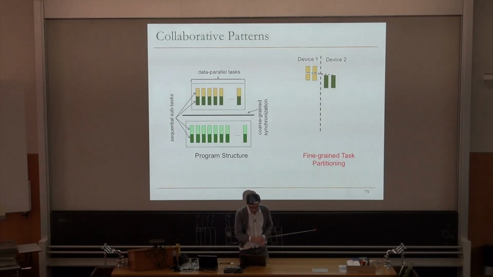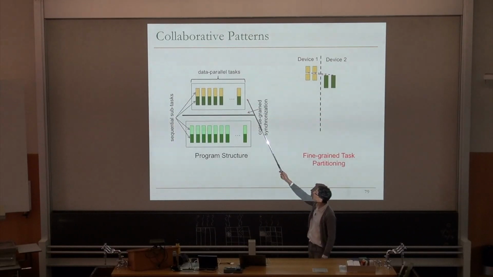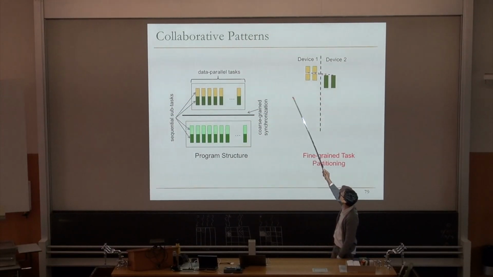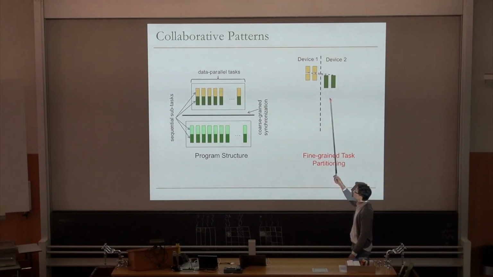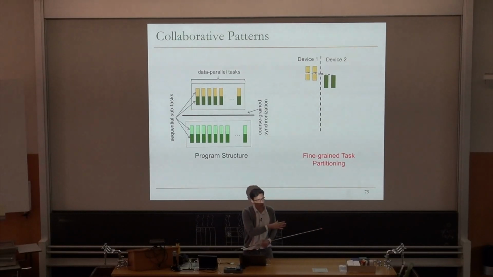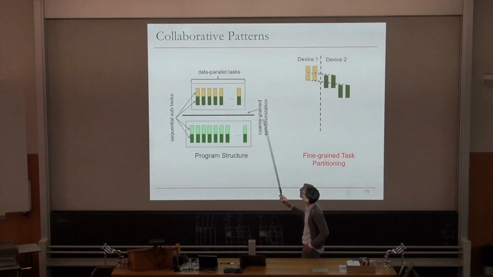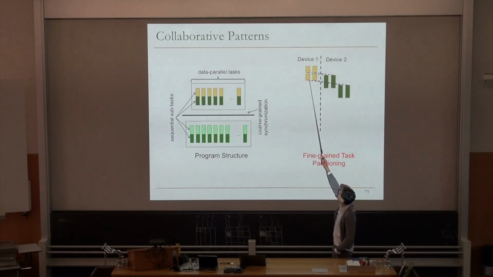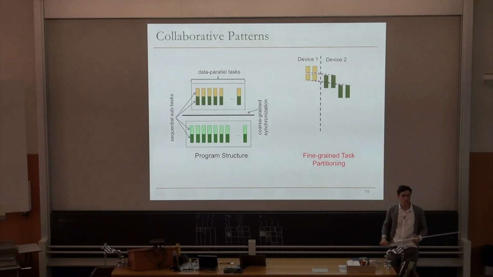Recall that device 1 was faster for this yellow parallel subtask, while device 2 is faster for this green parallel subtask. It is possible to map all the yellow subtasks to device 1 and the green subtasks to device 2, and as soon as device 1 completes one of these subtasks, it can signal by using these system-wide atomic operations.